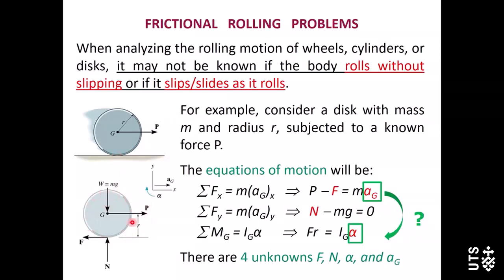We can draw a free body diagram: weight force, external force P, reaction force at this contact point, and friction force. But we don't know if this friction force is a static friction force or kinetic friction force.